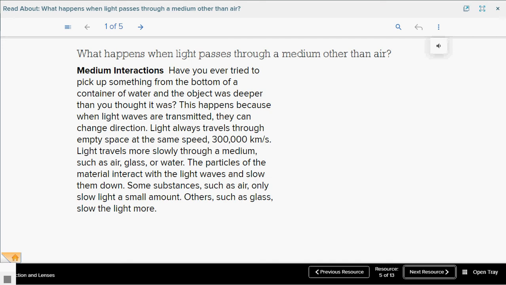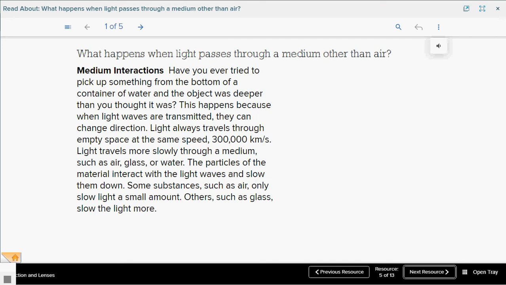Have you ever tried to pick up something from the bottom of a container of water and the object was deeper than you thought it was? This happens because when light waves are transmitted, they can change direction. Light always travels through empty space at the same speed, 300,000 km per second.